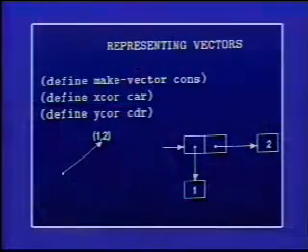So George has gone out and implemented for us make vector and x-coordinate and y-coordinate, and this could be done, for instance, using cons, car, and cdr. Notice here I wrote this in a slightly different way. The procedures we've seen before, I said something like make vector of x and y, cons of x and y, and here I just wrote make vector cons.